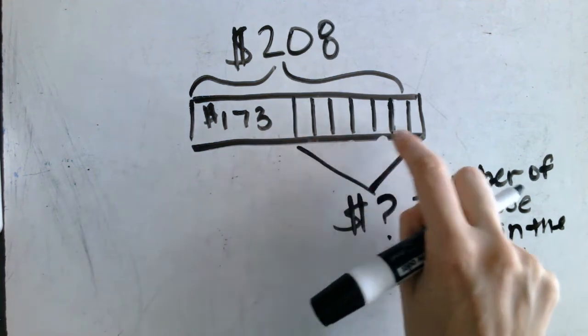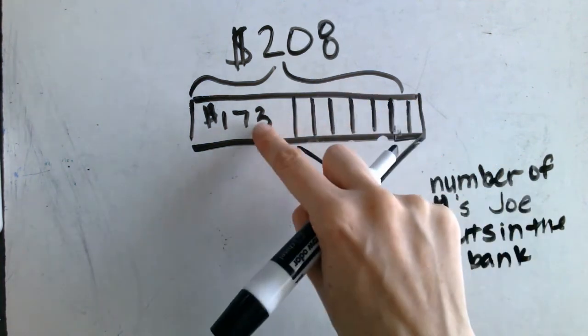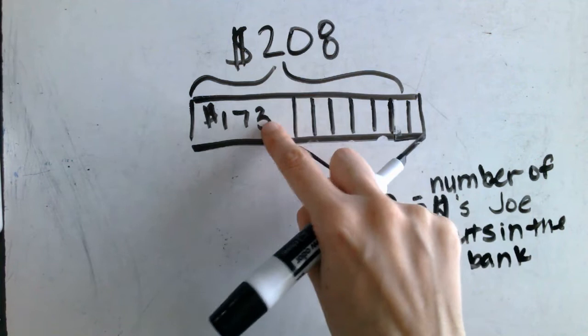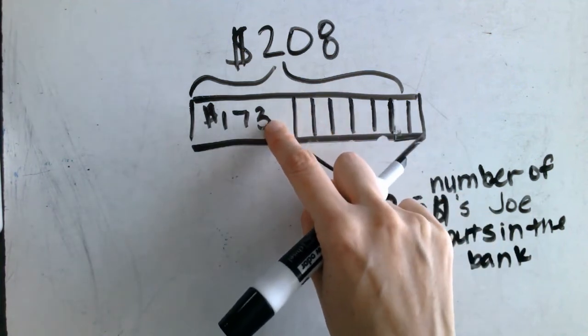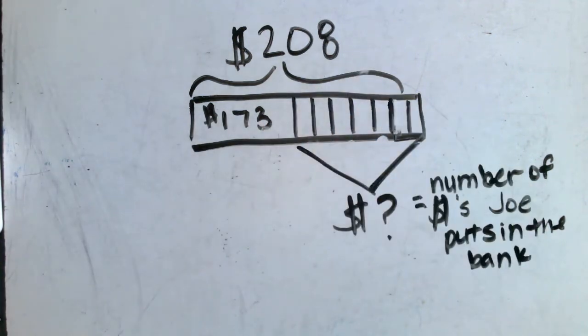So Joe worked for these 7 weeks and he ended up putting more money into his bank account, or adding on to his 173 to get that 208. We still don't know how much is over here.